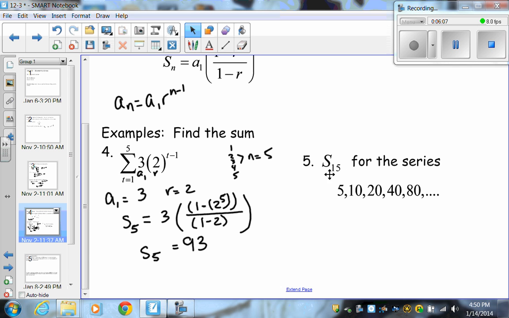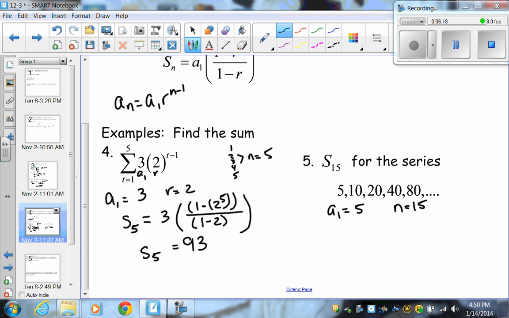The second one says find the sum of the first 15 terms of the series. I know that a sub 1 is 5. I know that n is 15 because it tells me in the problem. And I need to know r. In this case, r would be 80 divided by 40, which is 2.